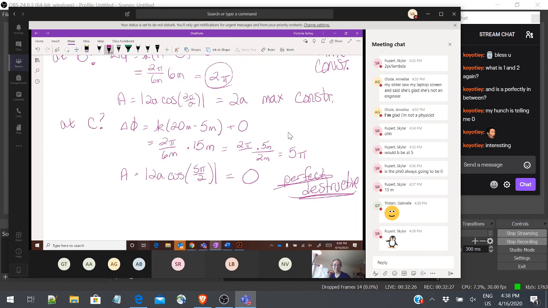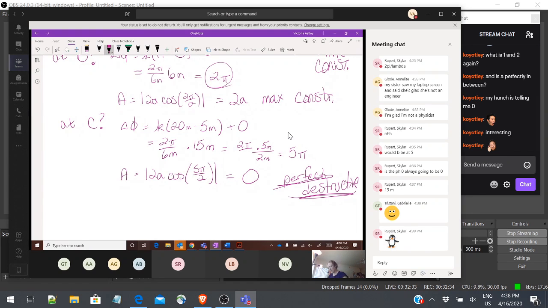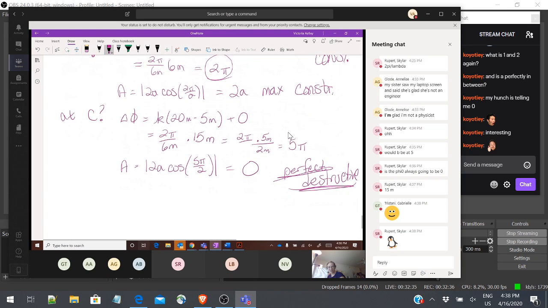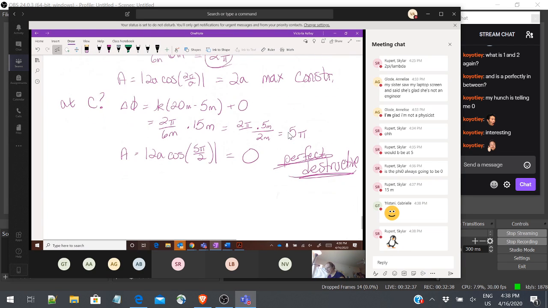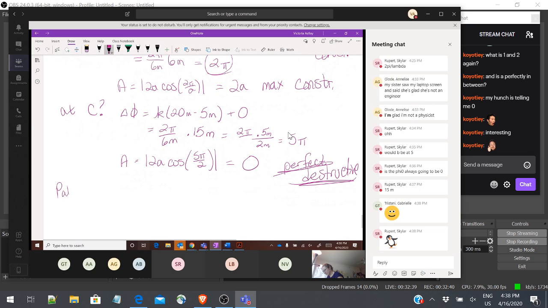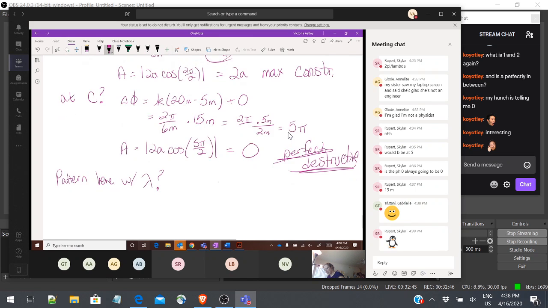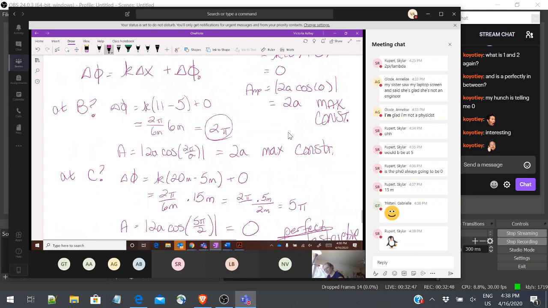So do you see a pattern here? If our delta x was lambda, we got maximum constructive. In fact, if delta x is lambda, 2 lambda, 3 lambda, etc., we're going to get max constructive. In this case, our delta x was 2.5 lambda.